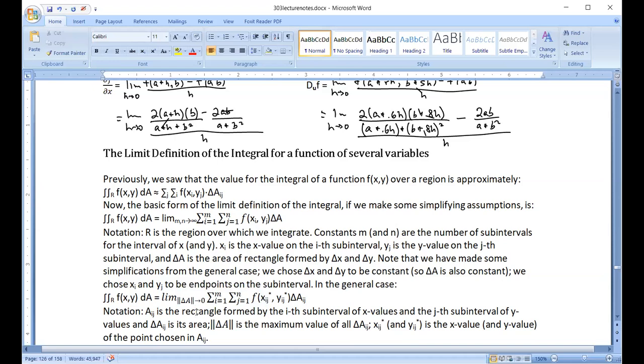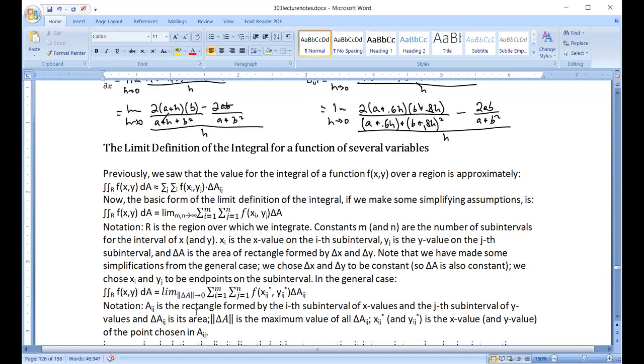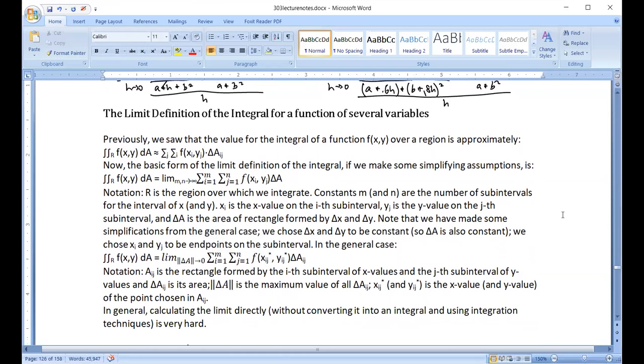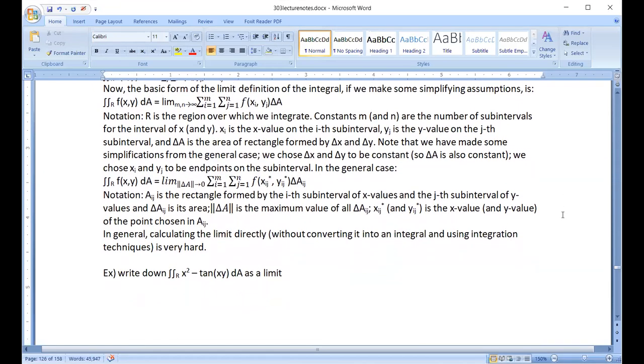So if you want to be the most general and the most precise, this is the way that you have to write down these limits. Now, to actually do this calculation is very hard, difficult. But for our purposes, let us write down just what the limit looks like.